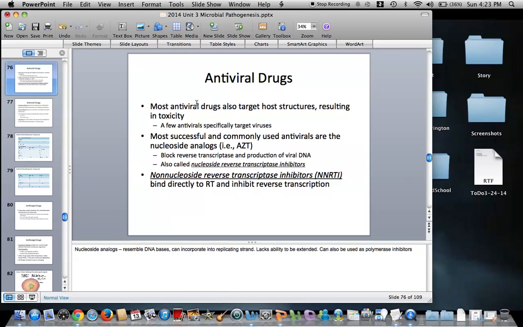Antiviral drugs, they're not very good. There are a few that specifically target a virus. Most commonly used are nucleoside analogs or non-nucleoside reverse transcriptase inhibitors.